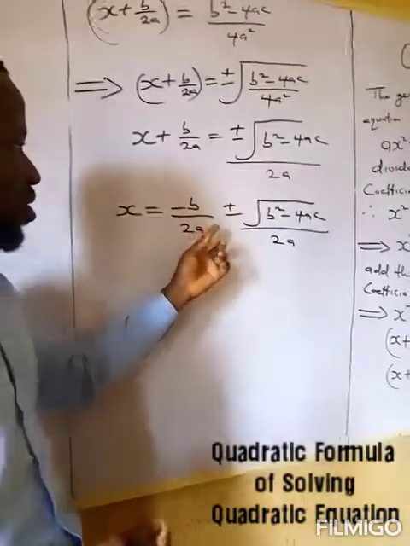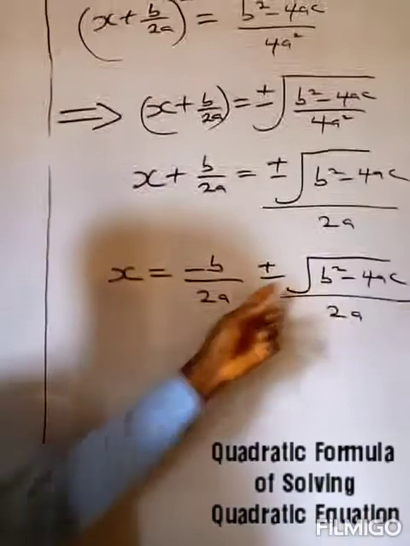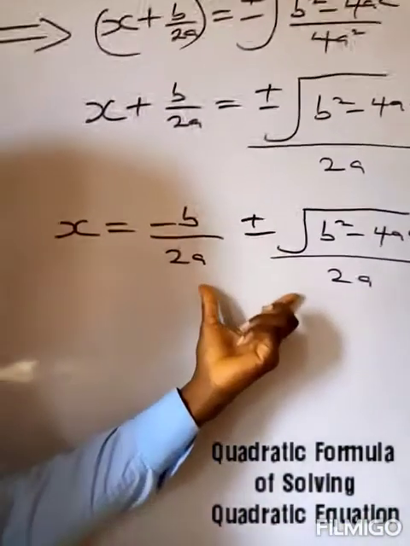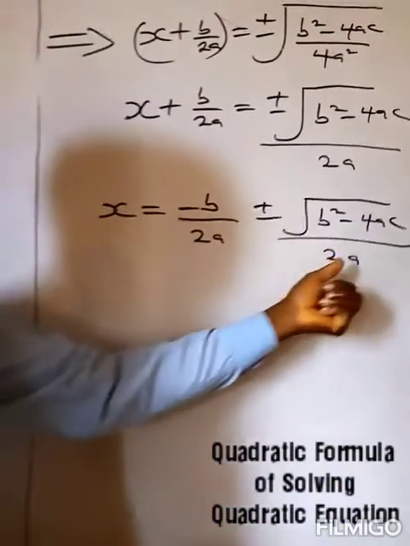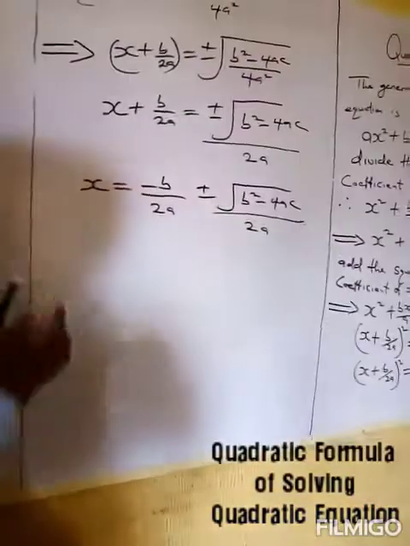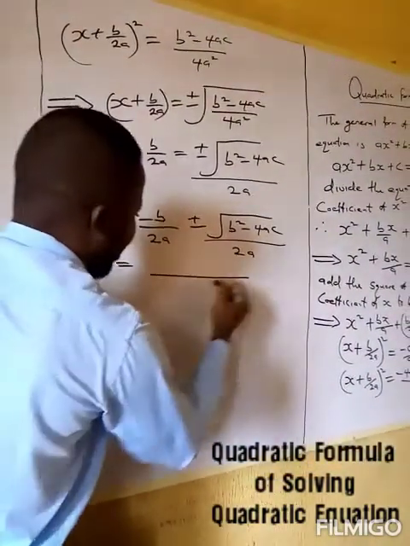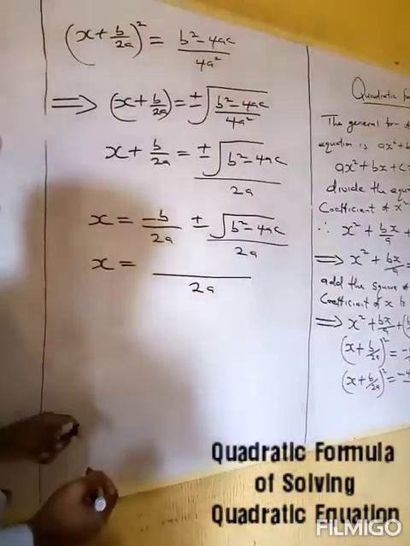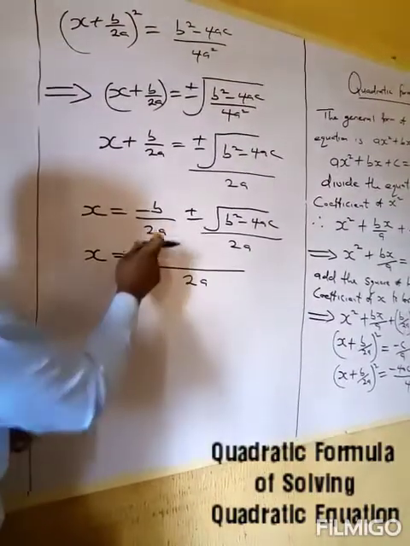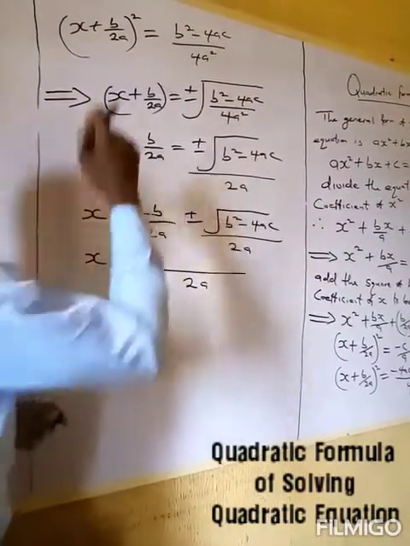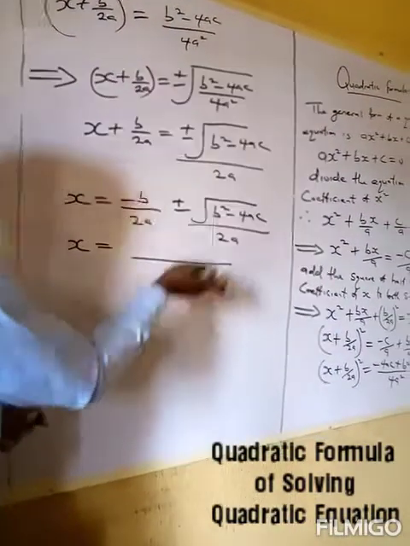You can see there is something common to these two, which is their denominator, 2a. Therefore, we can bring them together into a single fraction by saying s equals, the denominator is 2a, the LCM of these two is still 2a. 2a in 2a gives us 1.